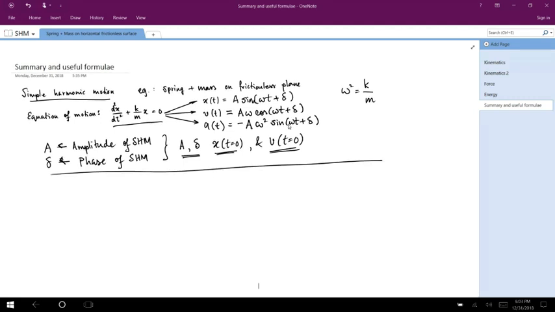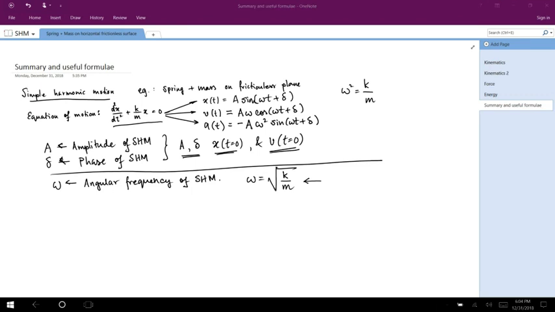Another important variable is omega. Omega is referred to as the angular frequency of the SHM. In the spring mass case, we found that omega equals square root of k over m. This of course will depend on what system we are looking at.